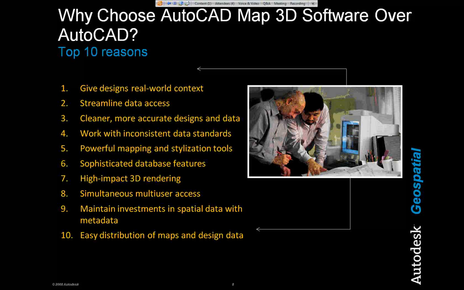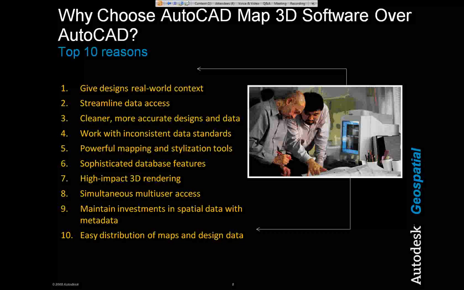There's a metadata editor also. It's important when working with spatial data that as things are changed or added, that metadata is kept up to date so that users of that data down the road have an idea of where the data came from, why things were changed, why things happened.